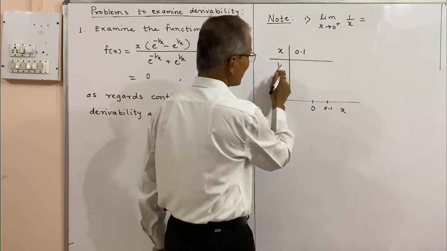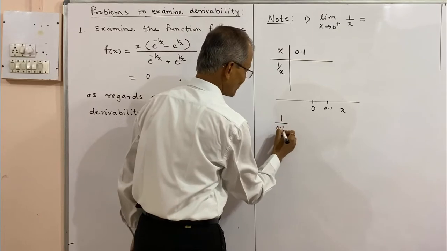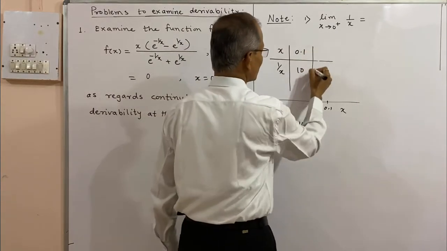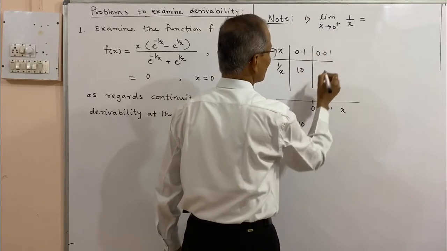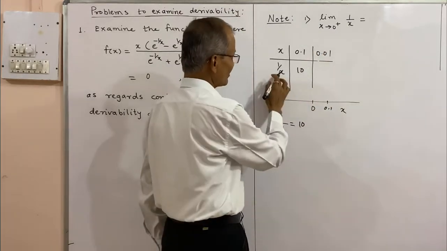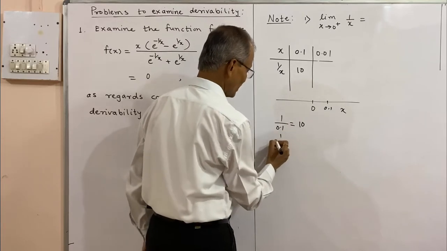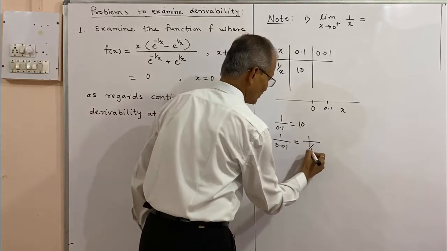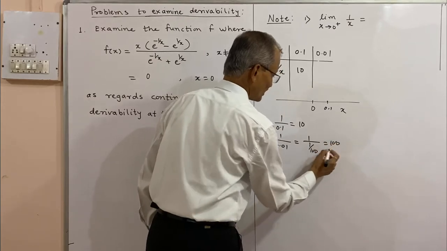So what is 1 by x? 1 divided by 0.1, that is 10. Again, for 0.01, 1 by x will be 1 upon 0.01, and that is equal to 100.